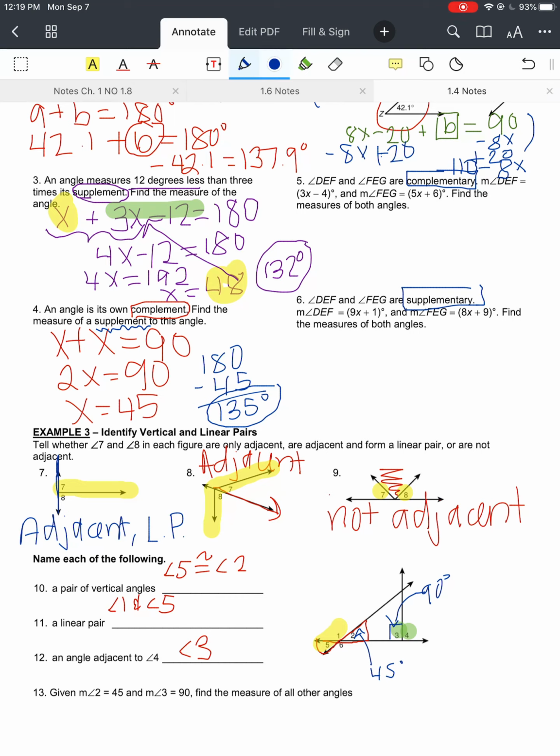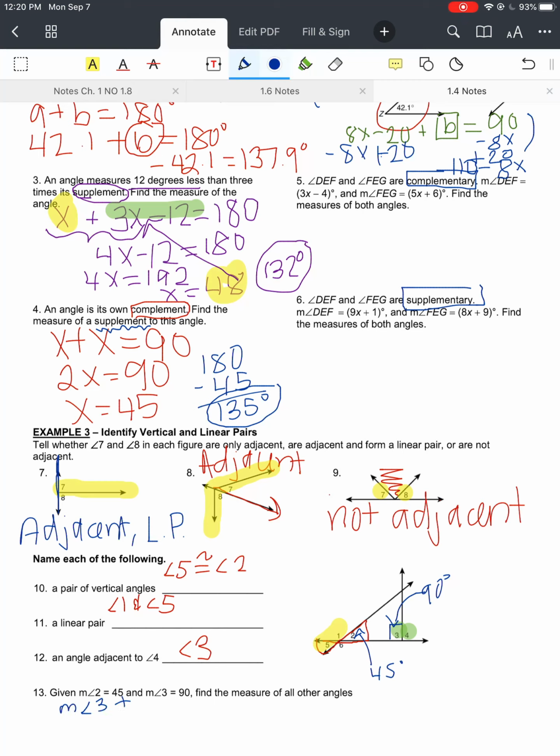Okay, well let's start with angles 3 and then 4, which is right next to it. Well, if angle 3 is 90, angle 4 is next to it, and they form a linear pair. They're a straight line. We know straight lines are supplementary or 180 degrees. So the measure of angle 3 and 4 would have to equal 180.